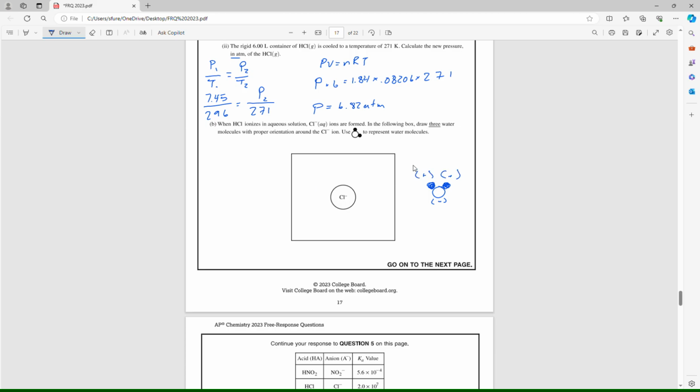So the hydrogen should be facing the chlorine, and the oxygen should be facing away. These are coming out terrible. It says to draw 3. There we go. So hydrogen's facing the chlorine because the hydrogens are partially positive, the oxygens are partially negative. You don't have to label that part, you just have to draw it, right? It just says draw 3 water with proper orientation.